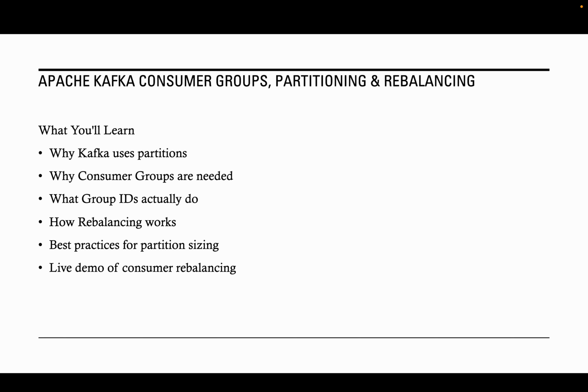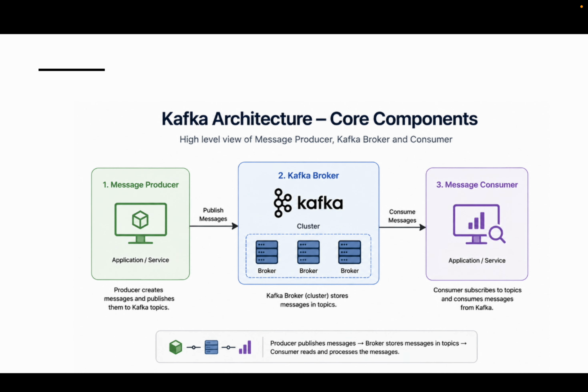Then we will look into the best practices for partitioning, and at the end we will see a live demo of consumer rebalancing. With that, let's understand the overall architecture of Kafka. We have a message producer who is pumping messages into a Kafka broker, which is sitting in the middle. The Kafka broker stores messages in a topic and manages the entire ecosystem.